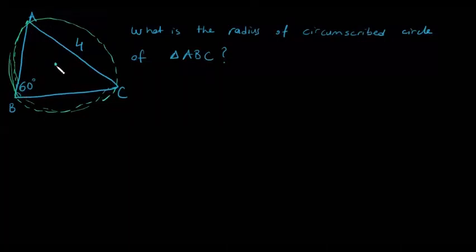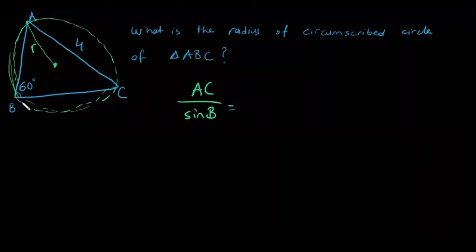And we have the center, and this is going to be the radius. We are going to find this radius. So let's remember the law of sines. AC over sine of B, because we have the length of AC and what is across from AC, sine of B, which is sine of 60.